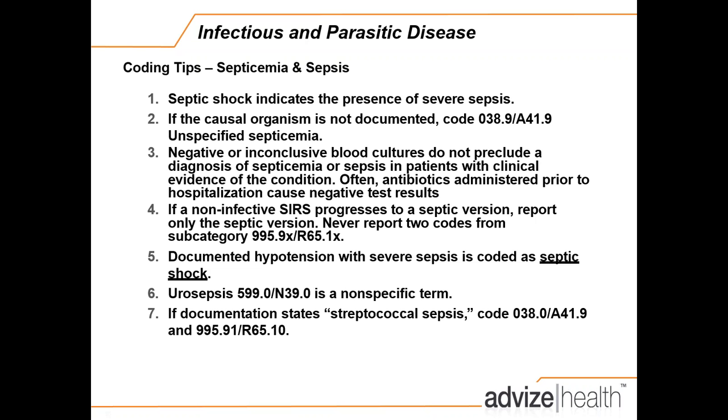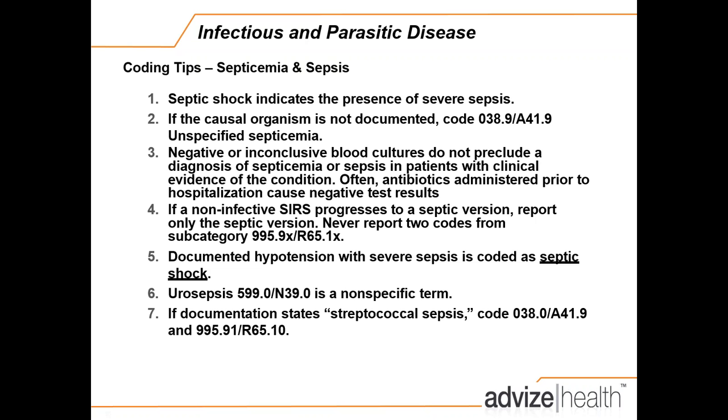If a non-infective SIRS progresses to a septic version, report only the septic version. Never report the two codes, R65.1 and then the X, the further specified digit. Documented hypotension with severe sepsis is coded as septic shock.